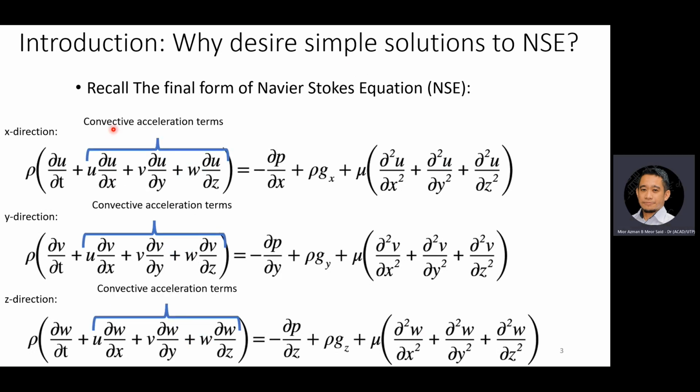All right, so we're going to look at these terms here. In mathematics, these terms are non-linear, because you have the variable u and then the gradient term here. We call these the convective acceleration terms. Remember, in mathematics this is a differential equation, and it's non-linear.